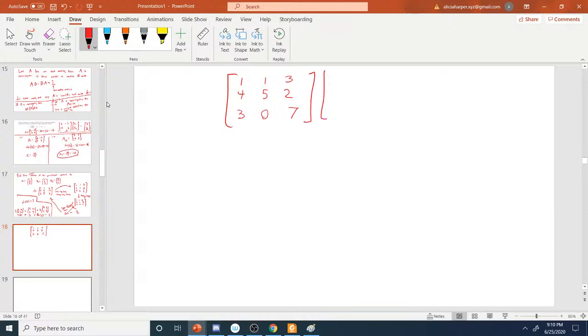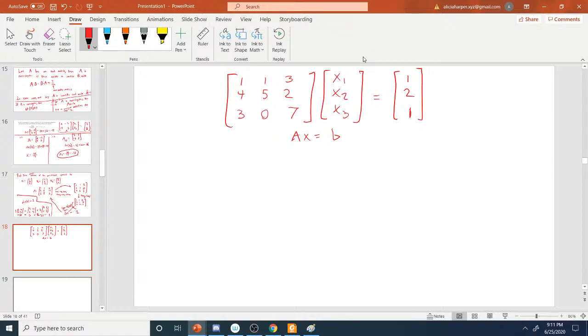That'll be my matrix, and I'm multiplying it by x1, x2, x3, and I want it to be equal to 1, 5, 6. Maybe I'll make my life even a little bit easier and choose easier coefficients, so 1, 2, 1. So this is my linear system, Ax equals b. If I wanted to, I could solve it using Gauss-Jordan reduction, but right now I'm going to try to solve it using Cramer's rule.